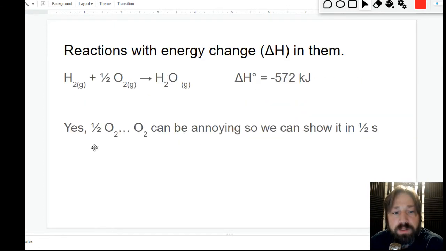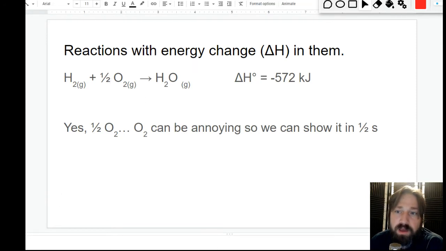All right. The other thing you may have noticed is this little half here. It's a half a mole. It's not balanced. It is balanced. So here's the thing. Even chemists get upset with oxygen.